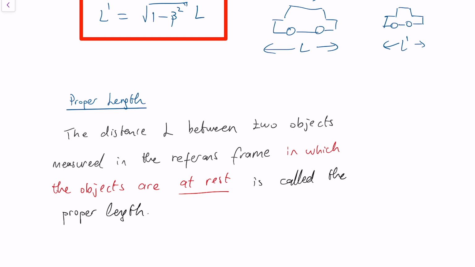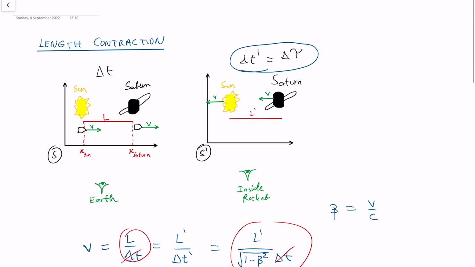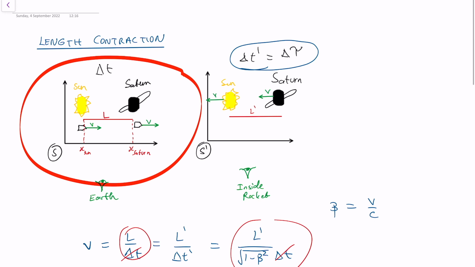What is a proper length? It is the distance L between two objects measured in the reference frame in which the two objects are at rest. Just like in the first picture, the two objects, Sun and Saturn, were at rest. And that's the definition of proper length.